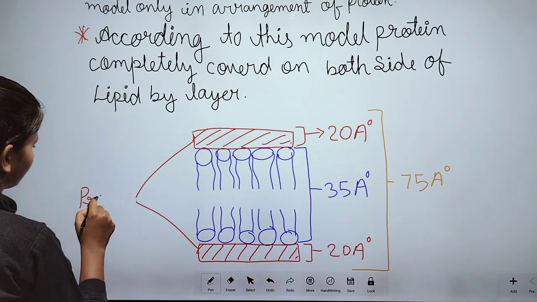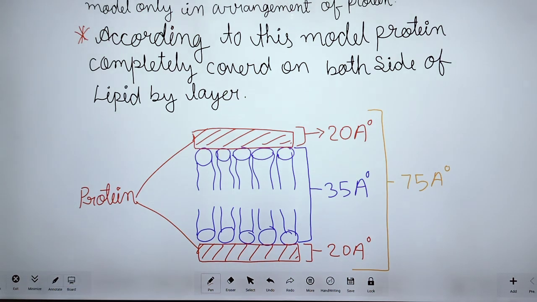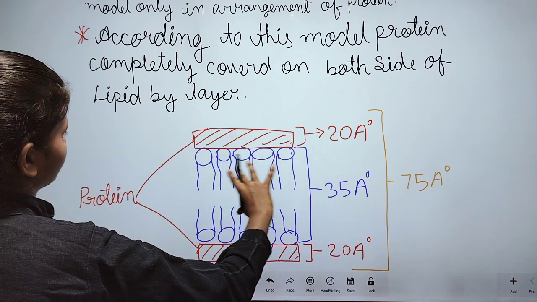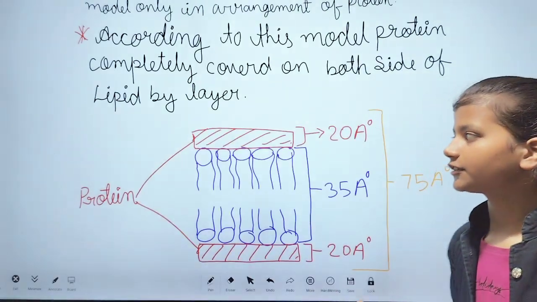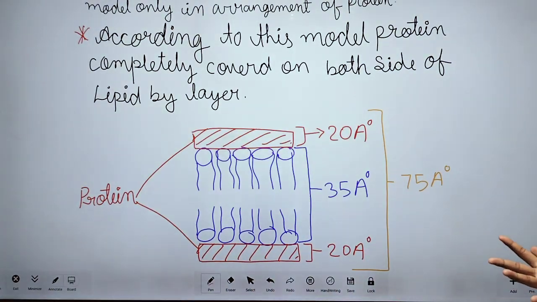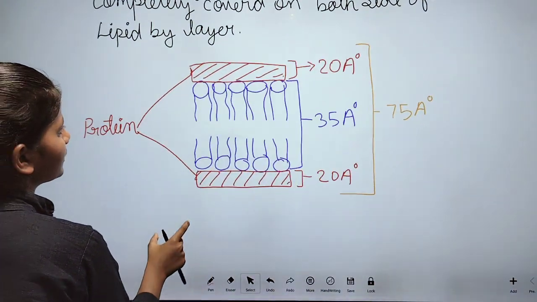This red one is protein, and this one is the layer of lipid. So this is the figure of the unit membrane model of the plasma membrane.